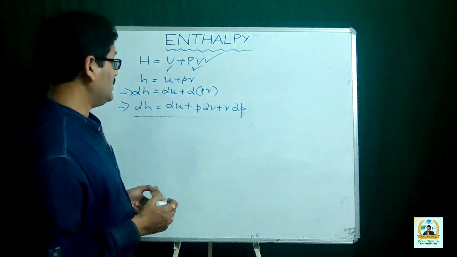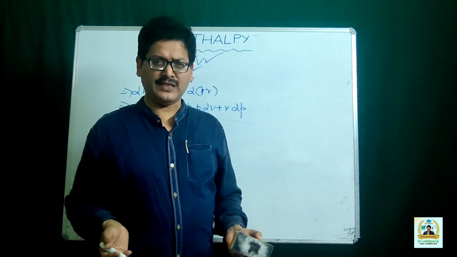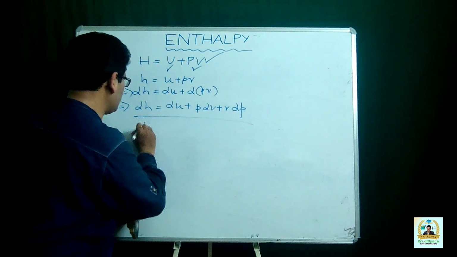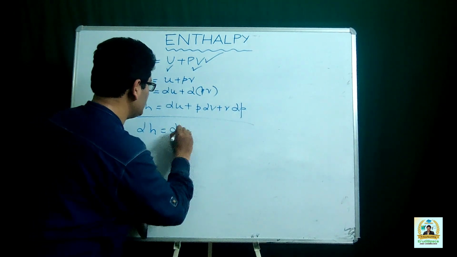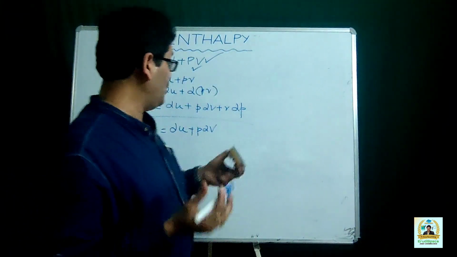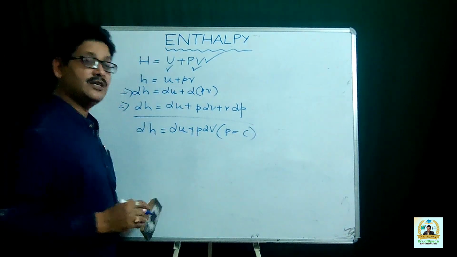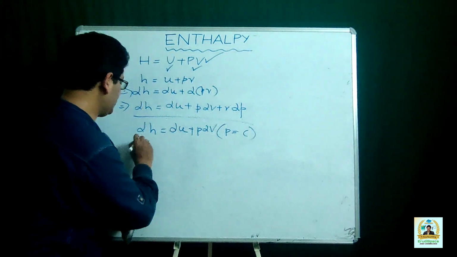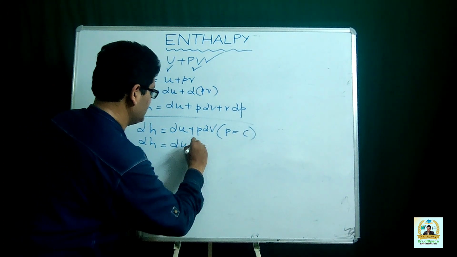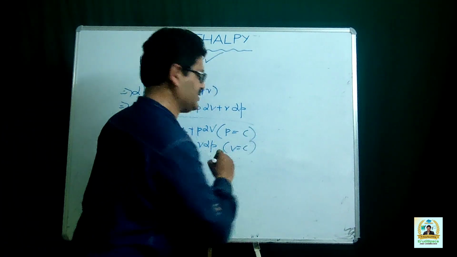Now in most of the cases it is observed that the pressure remains constant. So when pressure remains constant, this expression reduces to dH is equal to du plus p dV. There are some cases where even volume remains constant. When volume remains constant, this reduces to dH is equal to du plus V dP.